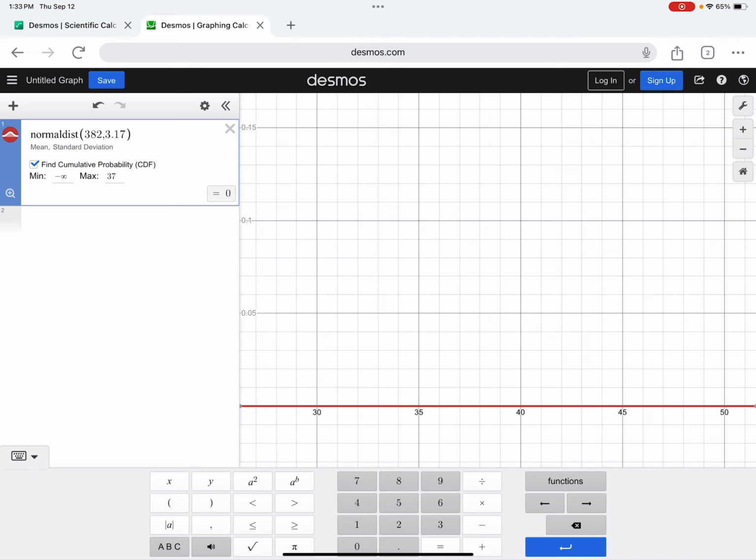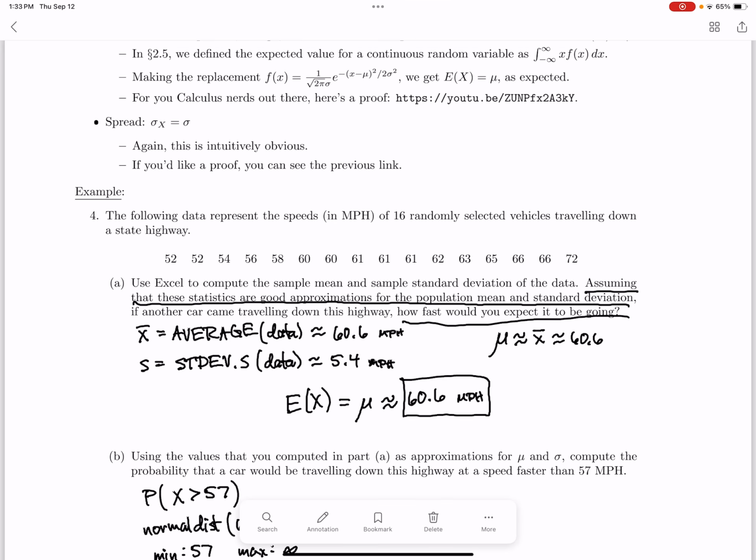Oh, hold on. 60.6 and 5.4. Oh, and I've forgotten the probability we're looking for.